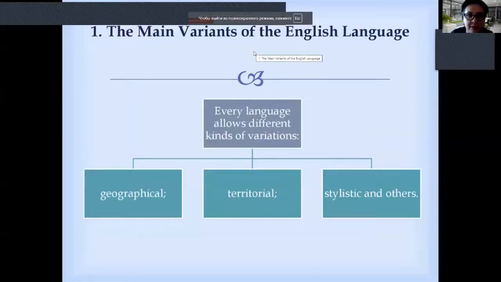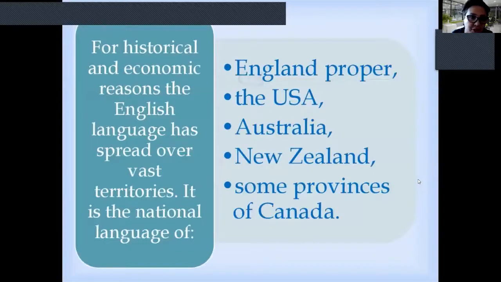And we should consider that the main variants of the English language can be differentiated according to different positions and causes, and every language allows different kinds of variations: geographical variations, territorial variations, stylistic and other variations.